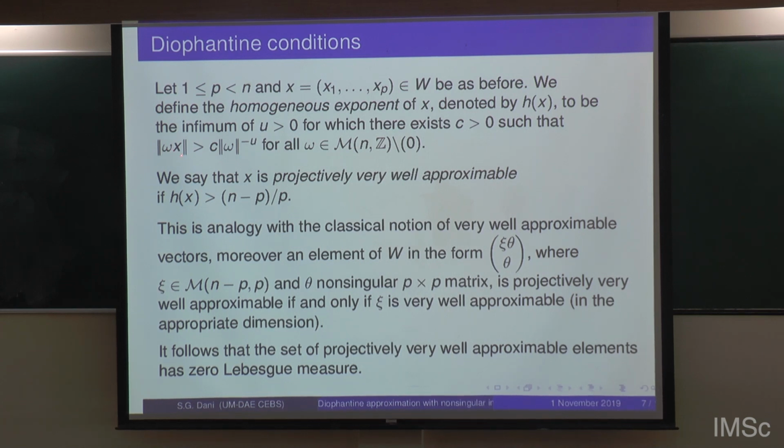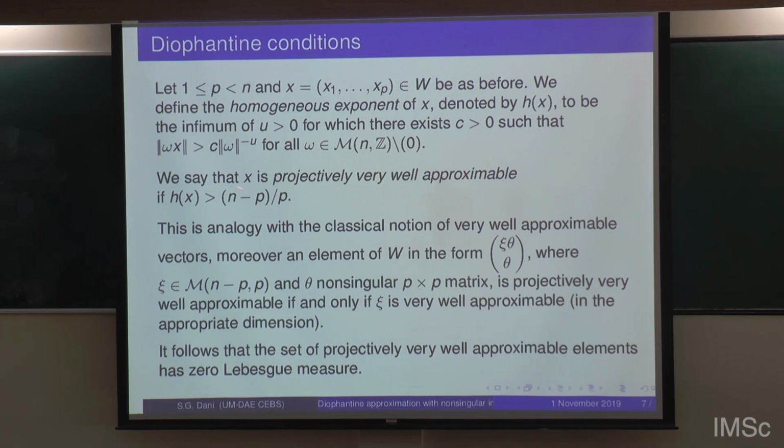Omega times x, so this is an n cross n matrix, this is an n cross p matrix, is greater than a constant times the size of this raised to minus u. The infimum of all such positive u's is called the homogeneous exponent.